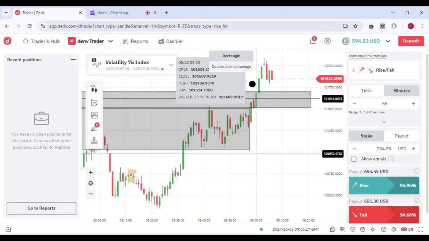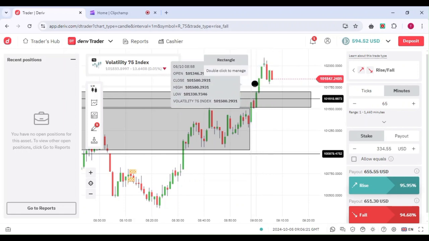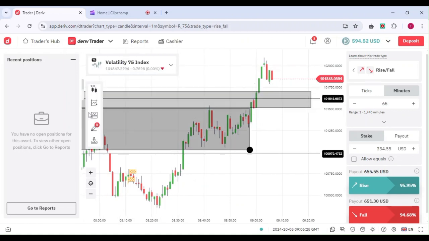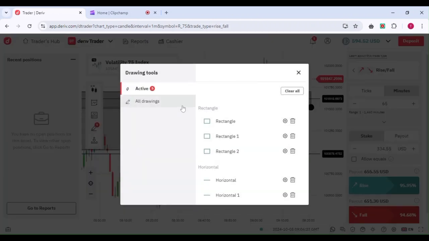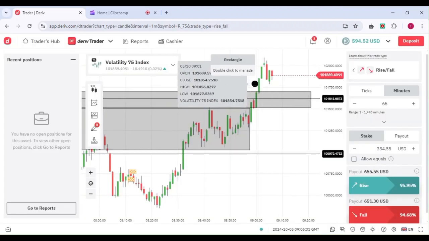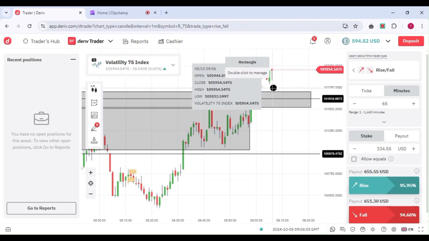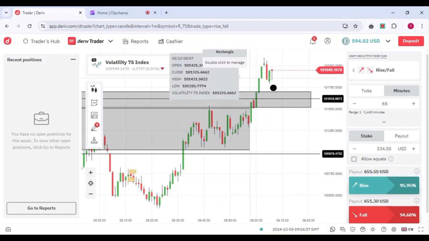So now let's dive into the second strategy of trading rise and fall. I've told you the first one. You can see currently the market is going down, and I don't know why I'm unable to pick those, but this area, you see it has a fair value gap.